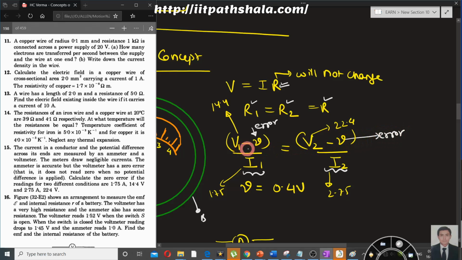If you take the reading of the first case, you will have the voltage which is 14.4, as given, and you will be subtracting that error, as I have told you.